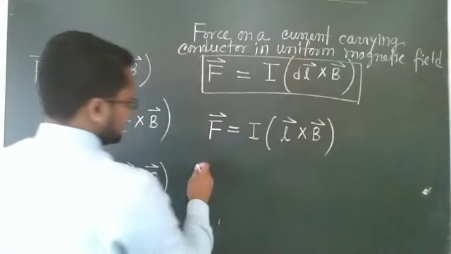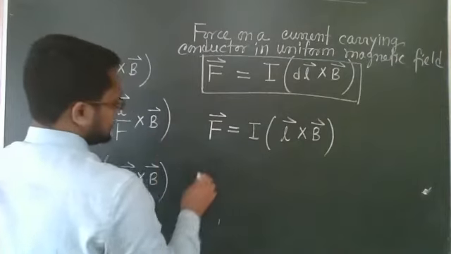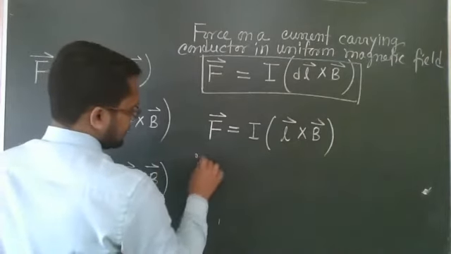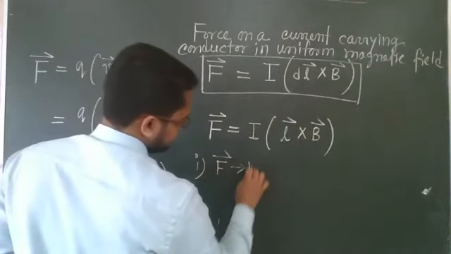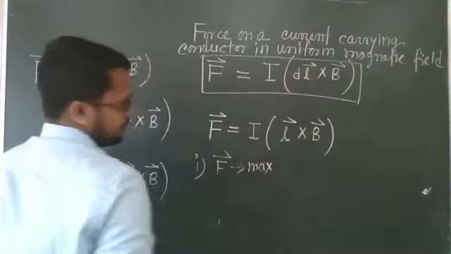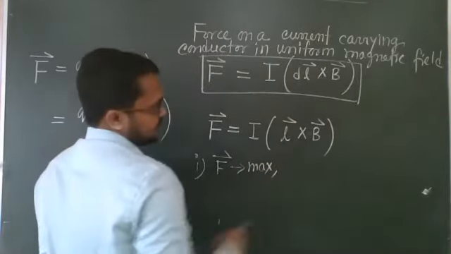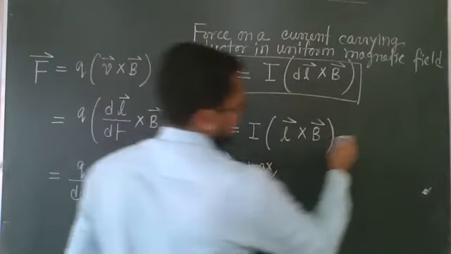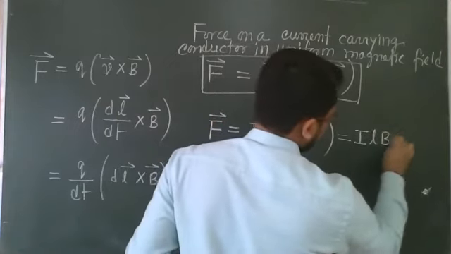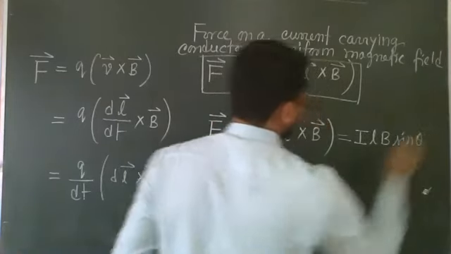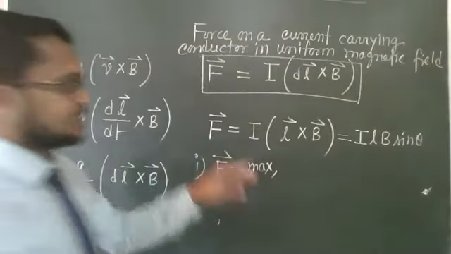Again the same two things we discussed for charged particles. First point: F maximum. When we get the cross product, that means sin theta: F = I L B sin theta n cap, where n cap is the unit vector.